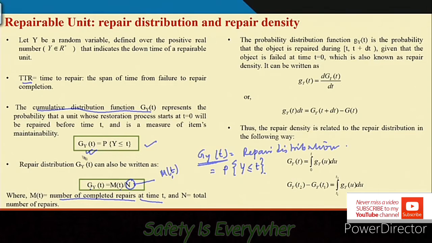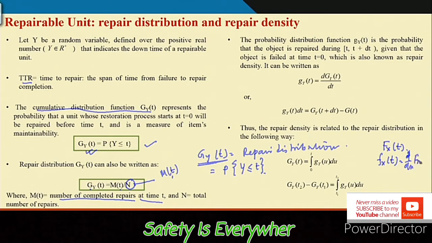Now, when you take the derivative of this cumulative distribution function, you will get the density function, that is what you have seen earlier in failure distribution. We have seen earlier capital F_X(t), and then there is small f_X(t), which is d by dx of capital F_X(t).